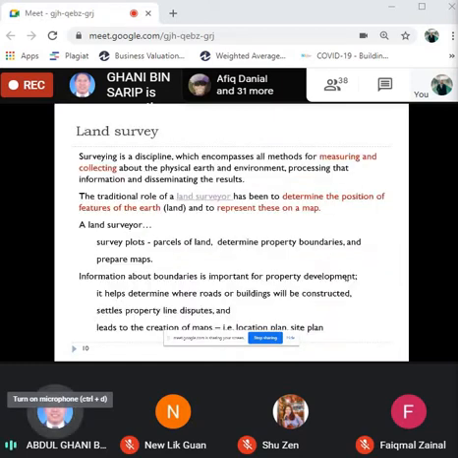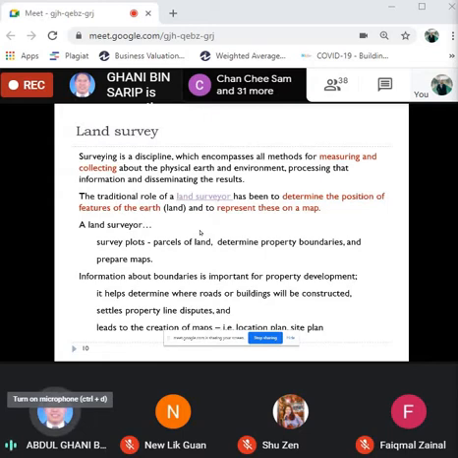Okay, land survey. We know what a land survey is. It's a discipline, and more importantly it measures and collects data about the physical Earth. A land survey is also somewhat near to us, because we get our land, our parcel plot, from the land survey.